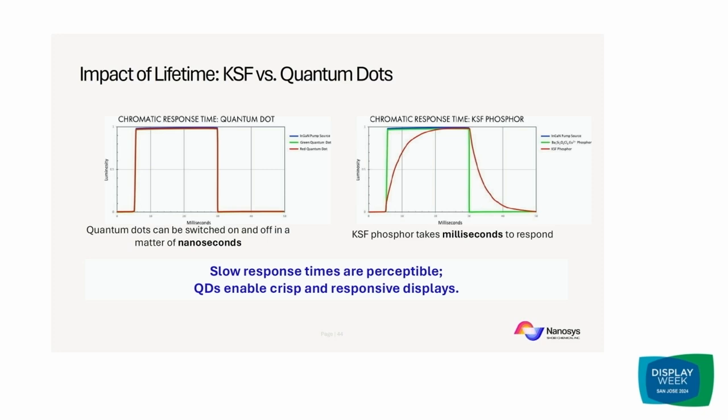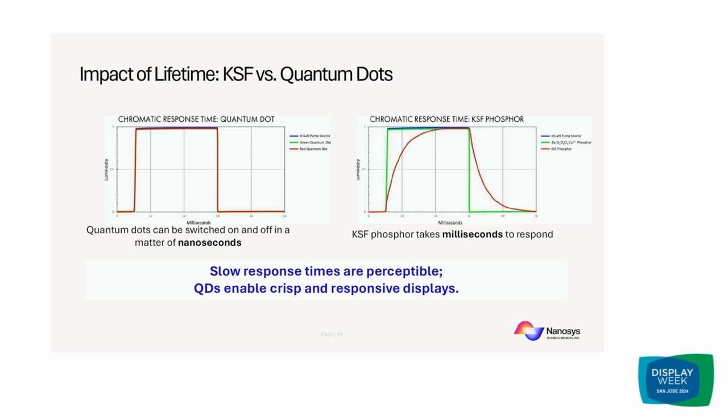If you compare that to KSF phosphor, on the right, you can see that the blue backlight responds very rapidly. The green phosphor is actually capable of a fairly rapid response as well. But the KSF phosphor on the time scale of milliseconds is something that you can see grow in with time and then decay with time. So milliseconds is actually something that's perceivable to humans.